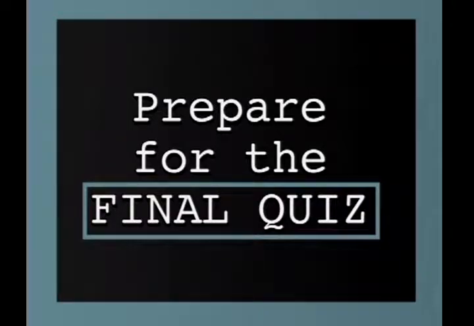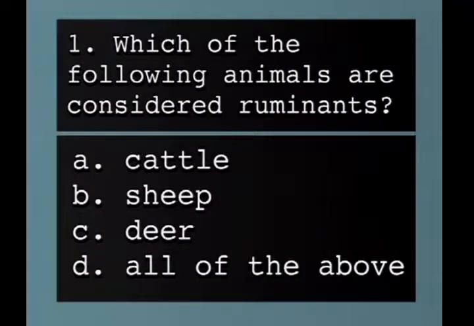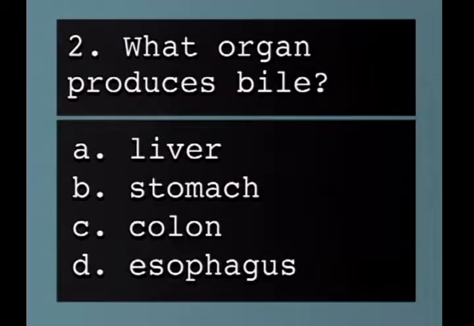Prepare for the final quiz. Which of the following animals are considered ruminants? A, cattle, B, sheep, C, deer, D, all of the above. What organ produces bile?